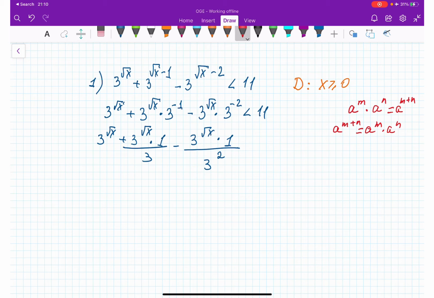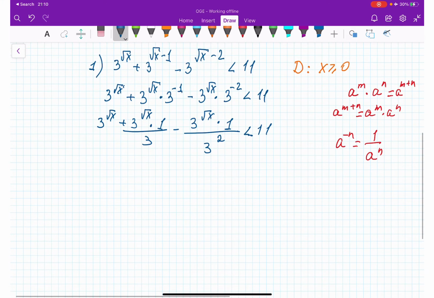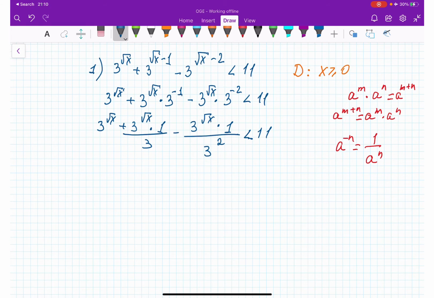And here I'm using the property of exponents, a to the power negative n is equal to 1 over a to the power positive n. And this is less than 11. All right, so let's put 3 squared, I'll just put 9, because 3 squared is equal to 9.